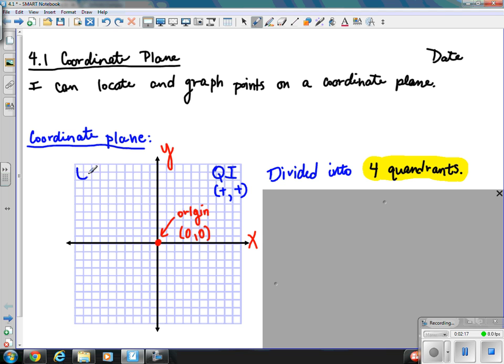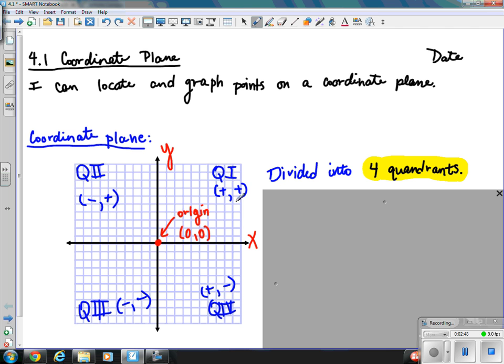Then quadrant 2 is over here where we're to the left of 0, so our x is negative and our y is positive. Quadrant 3 is down here, and both your x and your y are negative. And quadrant 4 is over here, where our x is positive and our y is negative.